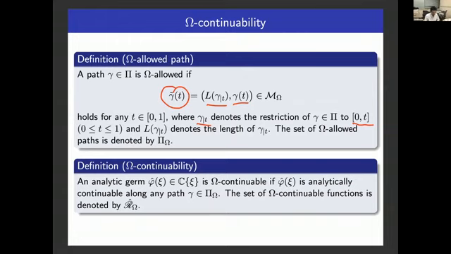So it means that if the analytic germ is continuable along any path that avoids the singular points described by the discrete filtered set Ω, then we say the analytic germ is Ω-continuable. We define Ω-continuability for a discrete filtered set Ω in this way.